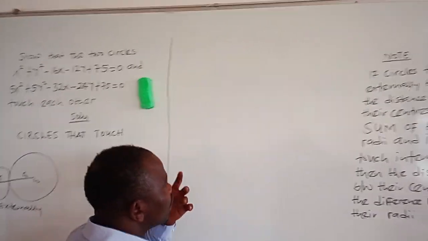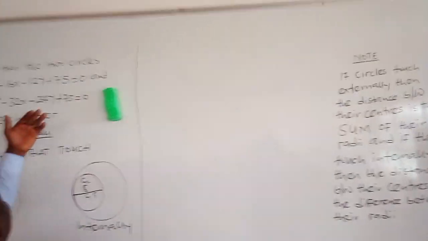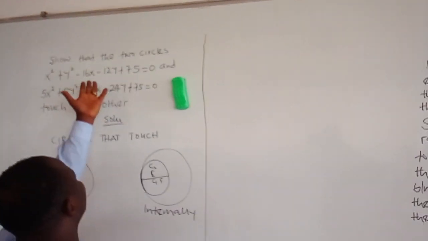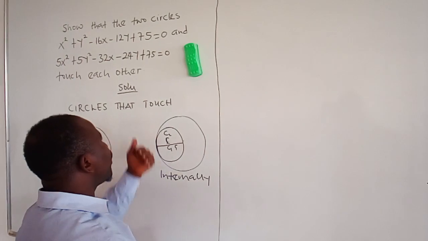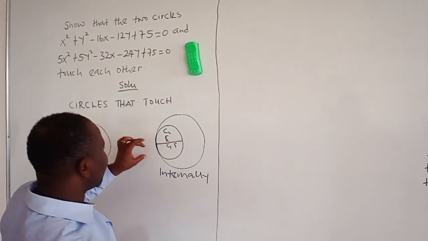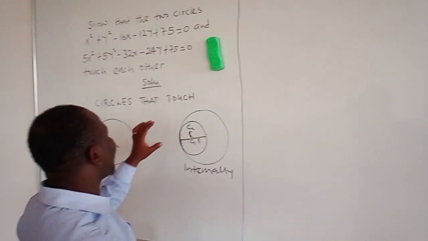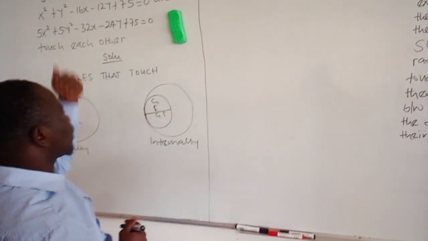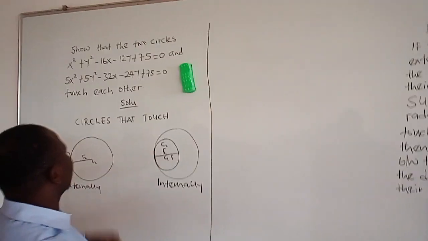For us to show that these two circles touch each other, we are going to find the radius, true or false, and we'll also find the center of the two circles. Okay, let's do it together.